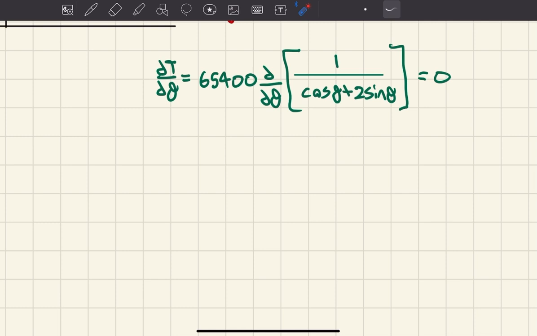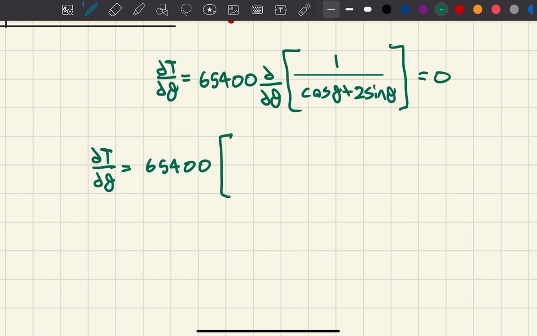So if you continue with this derivative, you use the lovely quotient rule, if you remember that, and we will do that right now. So dT over d theta is equal to 65,400. How I remember quotient rule is low d high, so low, sine theta, so denominator times high, or d high, so low d high minus high d low, square the bottom, and away you go.